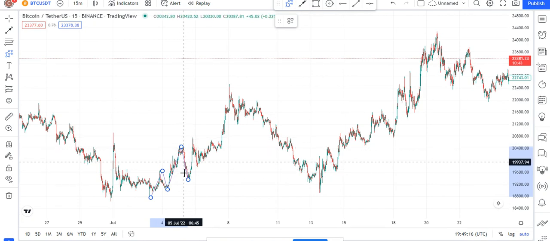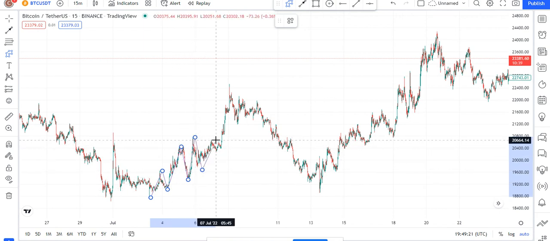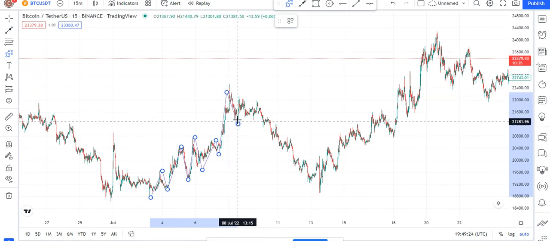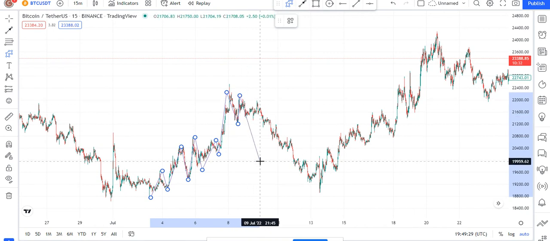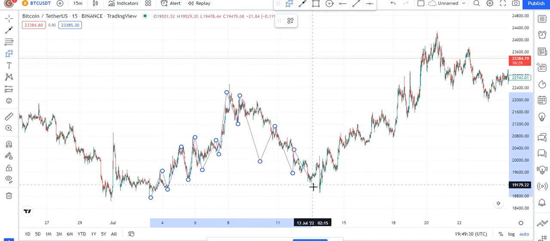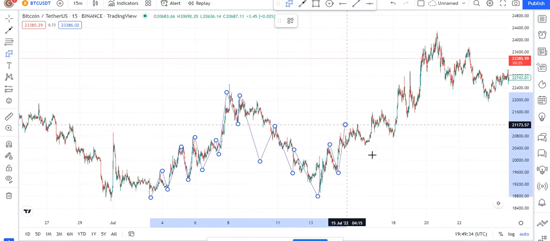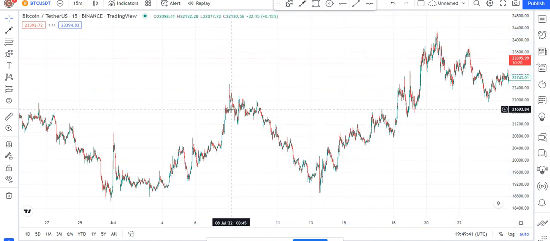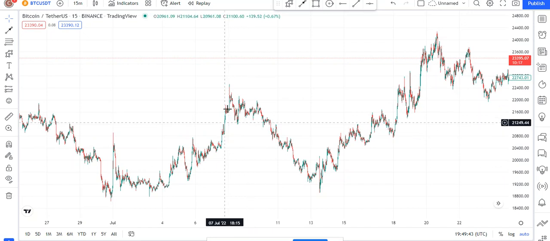Higher lows, higher high, higher lows, higher high, higher lows, then lower high, then lower low. Then we now continue downward. Then it continues again. In this case, the reversal happened because we are doing a deep correction.